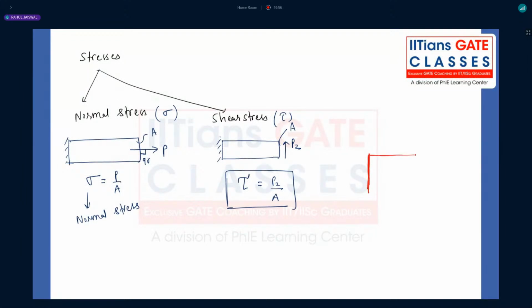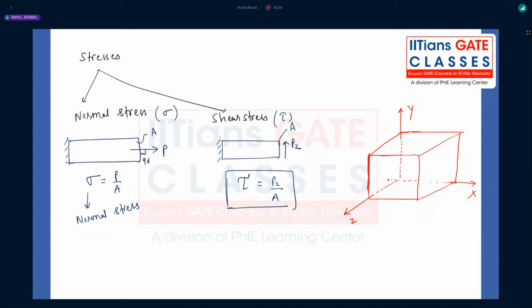Now, is this particular cubical body clear, all of you? This will be my x-axis. This will be my positive y-axis. The cube element shown in the figure, is it clear? In the Cartesian coordinate system, positive x, positive y, positive z, right?